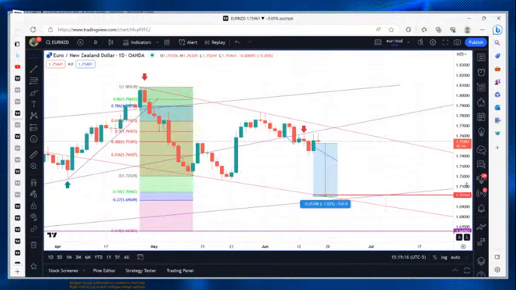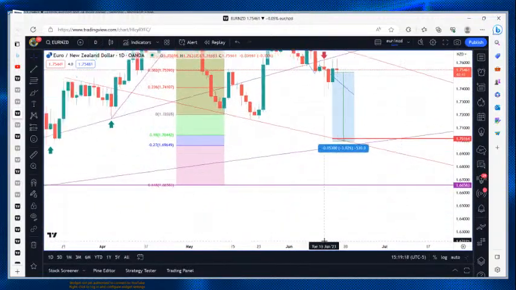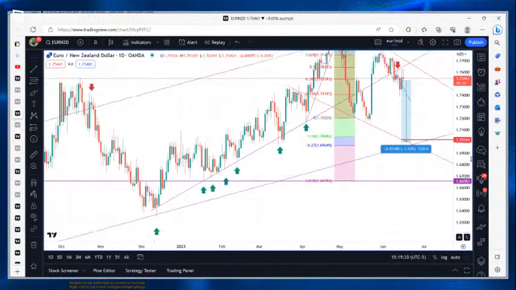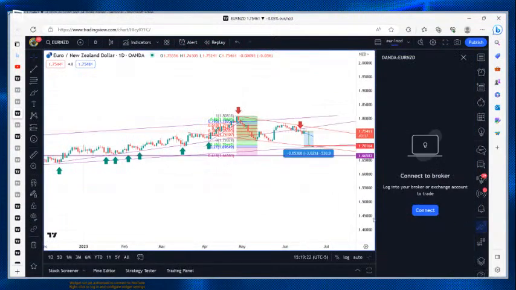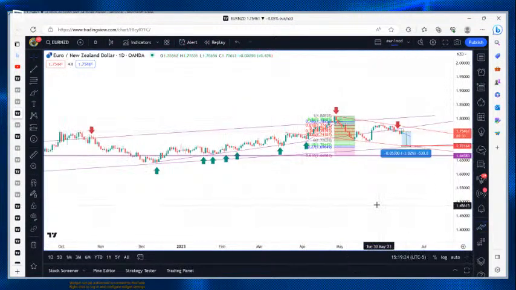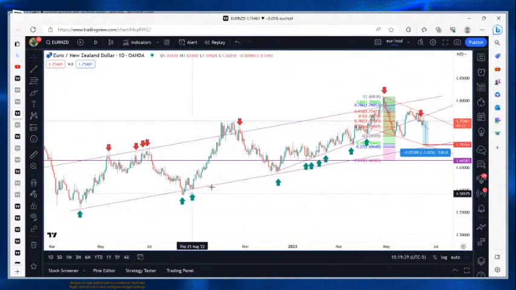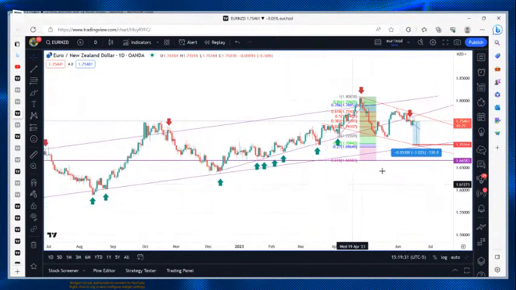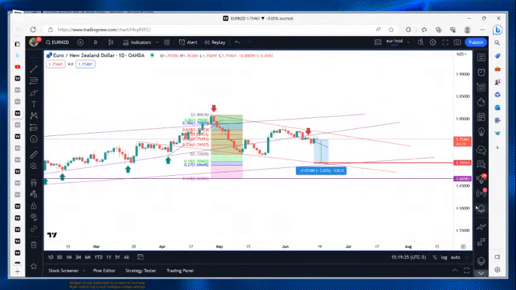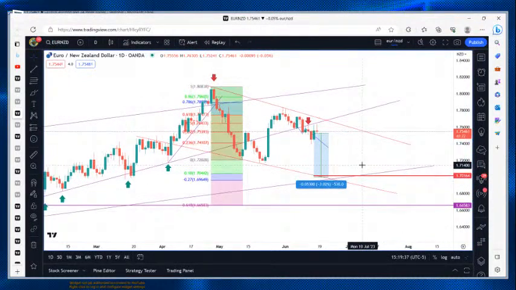So I'm just going to sell it down to a known level of U-turn in the past. We got U-turn support, support, support. If we can sell it down to support again, we can make probably over 530 plus pips.